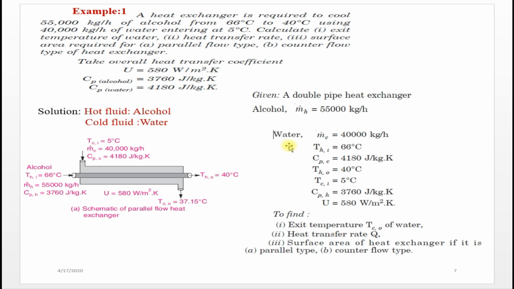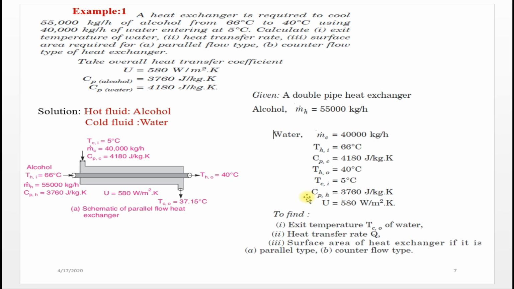For the cold fluid, the mass flow rate given is 40,000 kg per hour. Then hot fluid inlet temperature Thi is given as 66 degrees Celsius, Tho is given, Tci is given as 5 degrees Celsius.